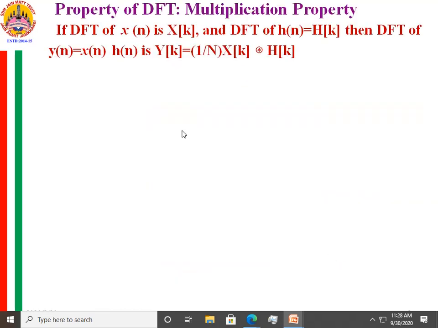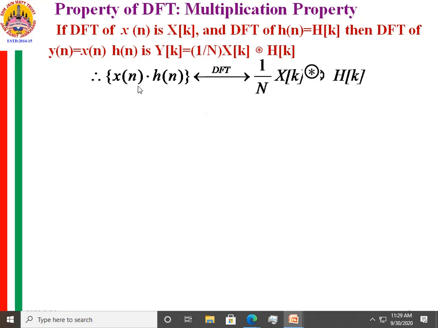Now the next property, that is the multiplication property. We have seen the convolution property, that is convolution in time domain. Now multiplication in the time domain. That is, if we know that the DFT of x of n is X of k and the DFT of h of n is H of k, then for y of n, which is the product of x of n and h of n, Y of k, the DFT of y of n, will be equal to 1 by capital N, X of k circularly convolved with H of k.